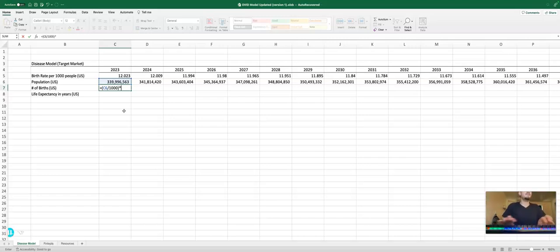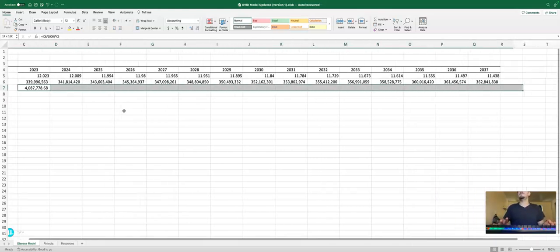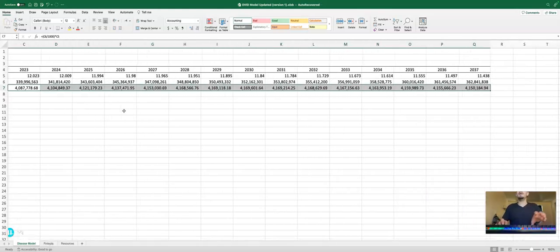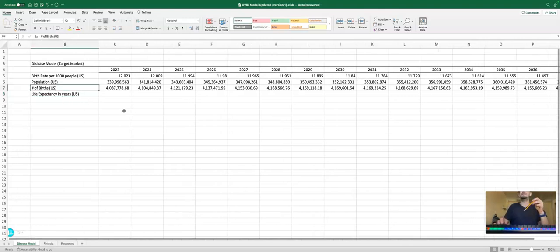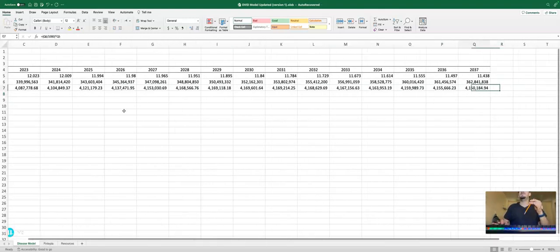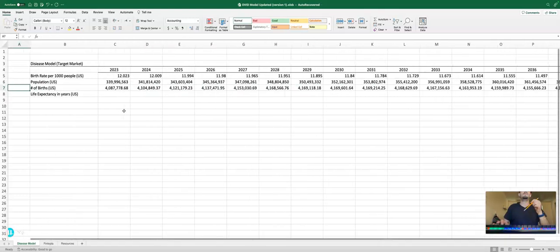And then you multiply it by the birth rate. And voila, you get 4 million. So these are the number of births each year in the US, projected all the way up to 2037. Is this correct? It is correcto.